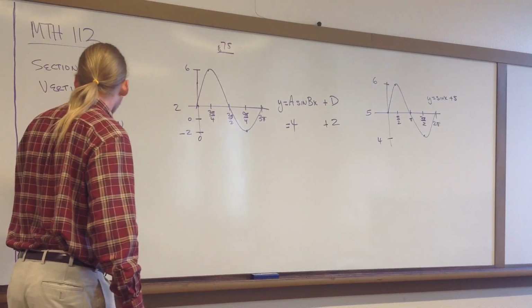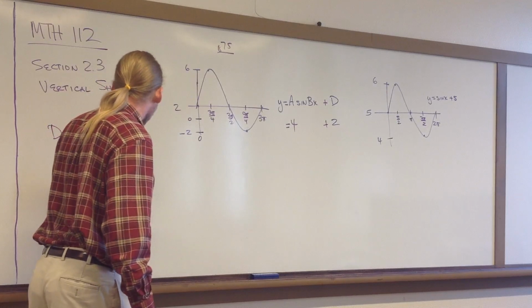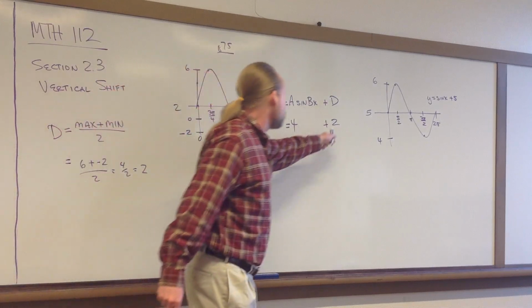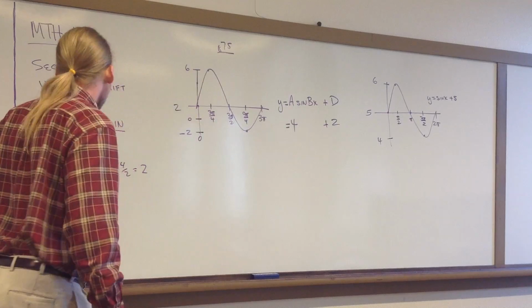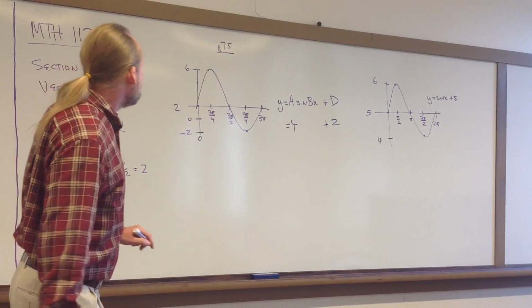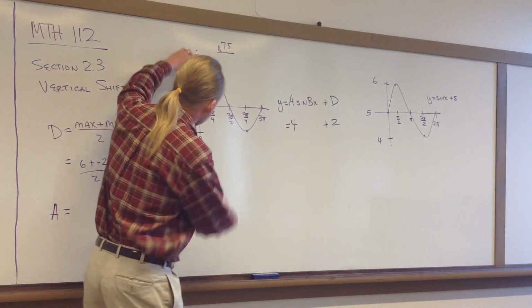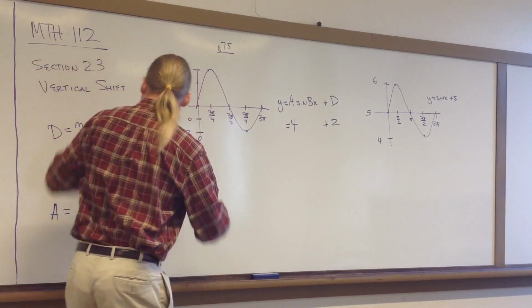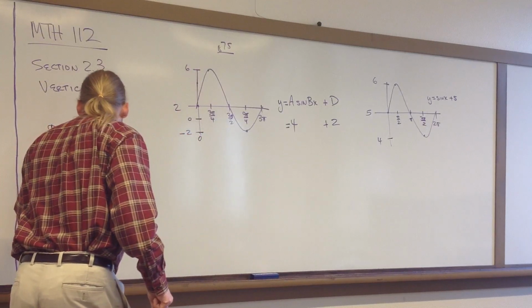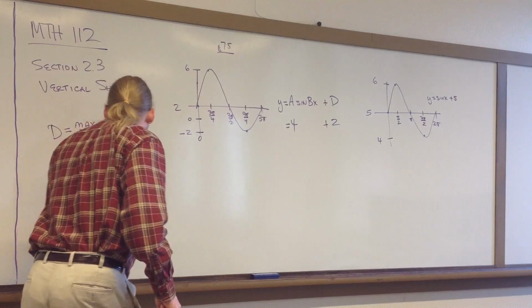So in this case, that would be 6 plus -2 divided by 2. And there's our value for D. Okay? The amplitude is the total distance between the maximum and minimum, so this is max minus min divided by 2.